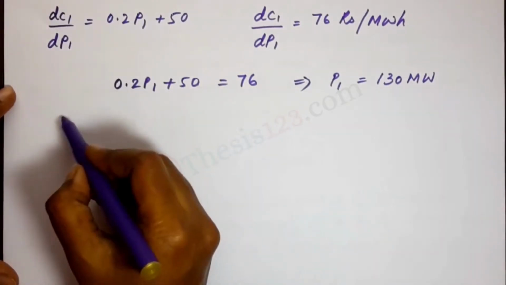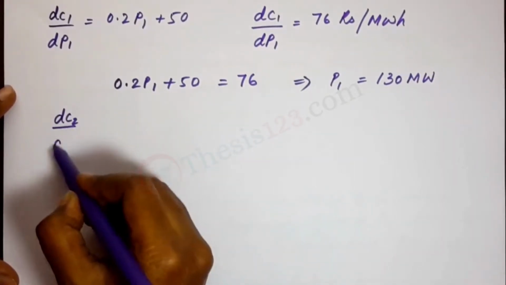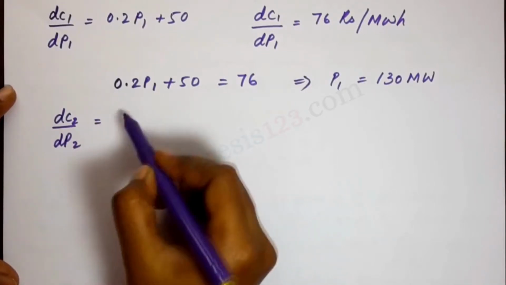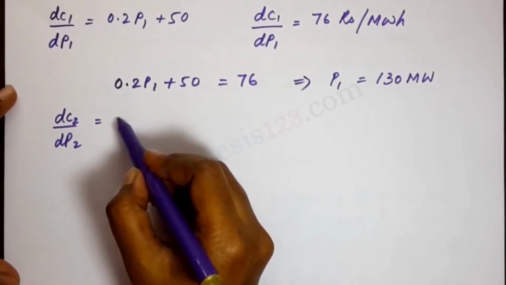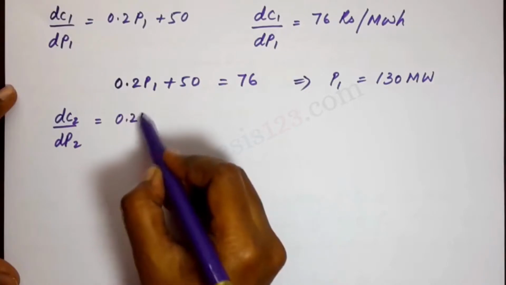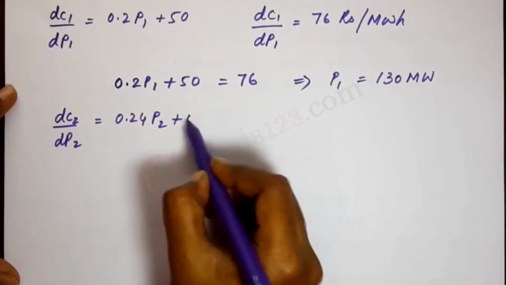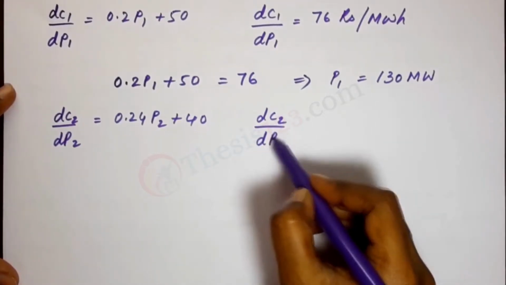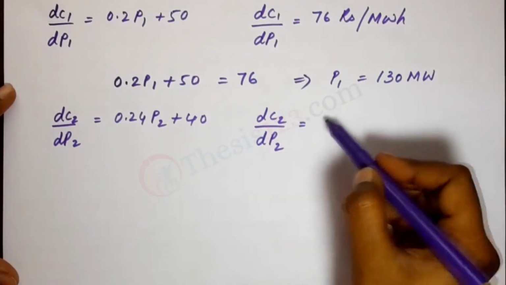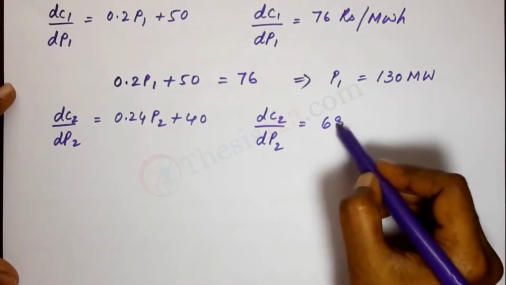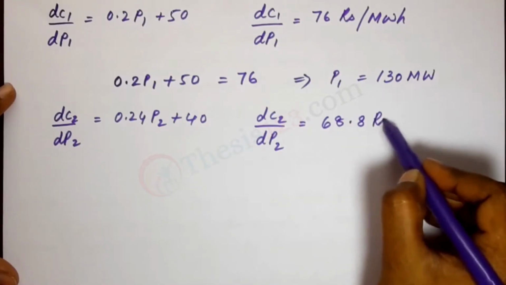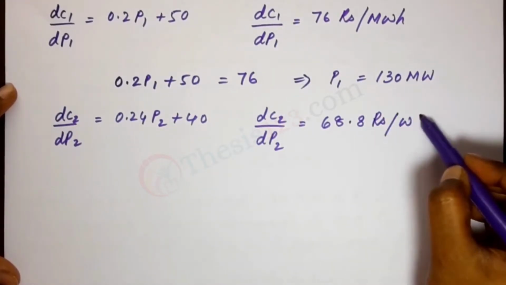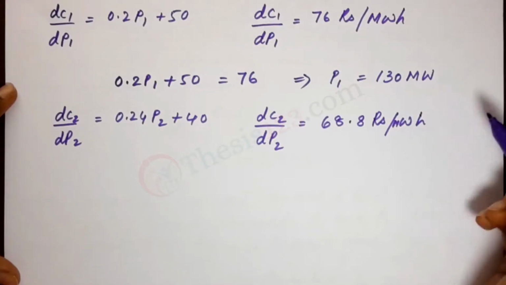Similarly, we do the same thing for dC2/dP2. We have the equation given as 0.24 P2 plus 40 and the value of dC2/dP2 is given as 68.8 rupees per megawatt hour.